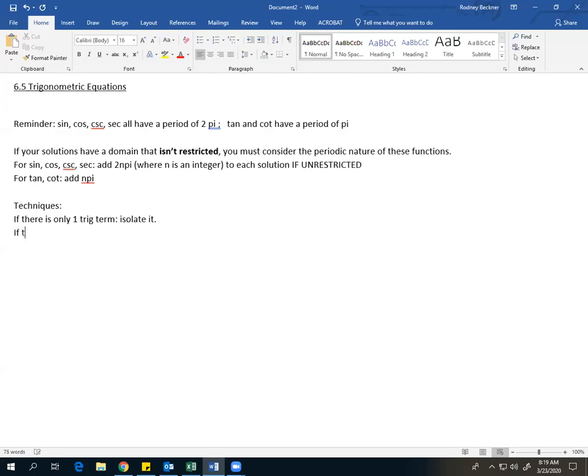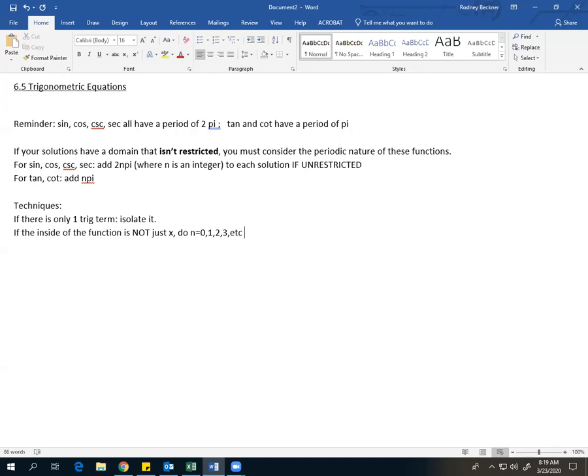Next up, if the inside of the trig function is not just x or theta or a single variable, you're going to have to do this n equals 0, 1, 2, 3, etc. kind of case. I know that's not going to have any kind of reasoning yet. We're going to have to wait till an example.